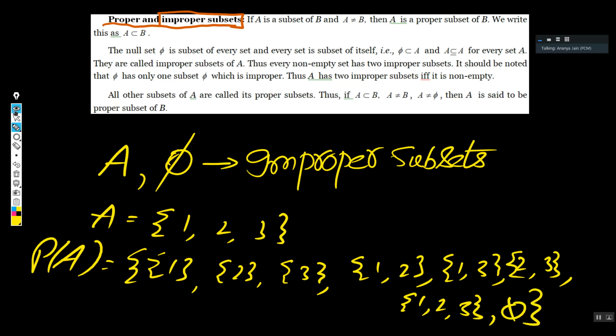Yes, sir. Now you must have understood. Yes, sir. These two are called improper subsets.